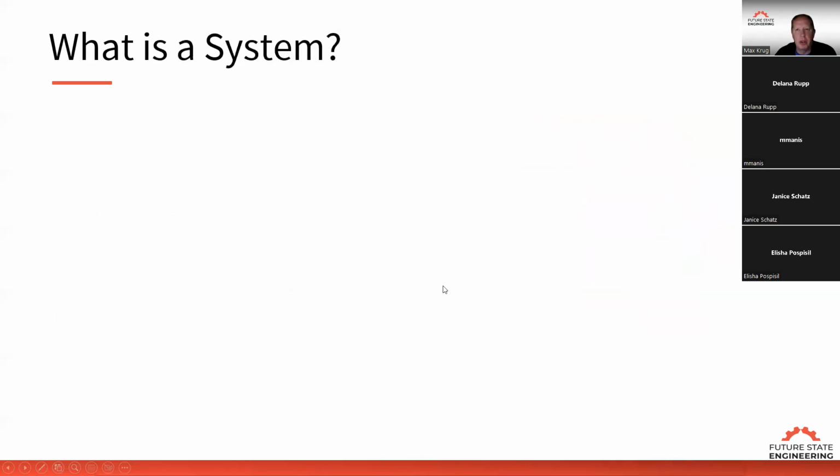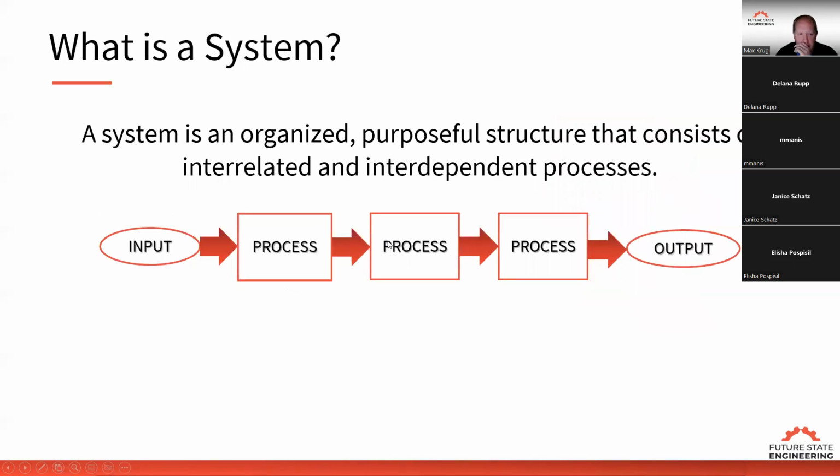So in our first session, we talked about systems. I want to review this again if you missed the first session. But what is a system? A system is an organized, purposeful structure that consists of interrelated and interdependent processes. So there are multiple processes that make up a system. The output of one process is the input for the next process. So that's the dependency.